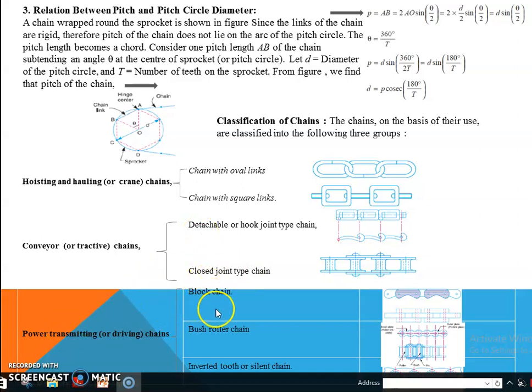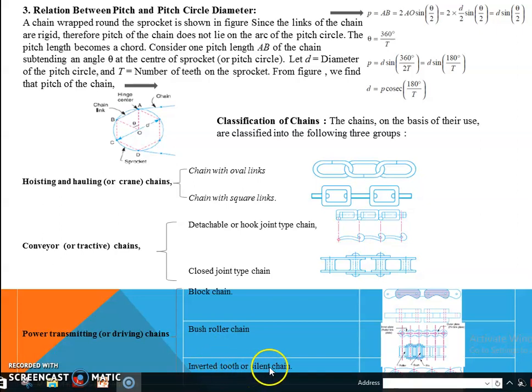Next, in case of power transmitting chains, block chains are used in the early stage in the development of power transmission. Next, bush roller chains are used where low lubrication is required and the links of these chains are stronger and simple in construction.